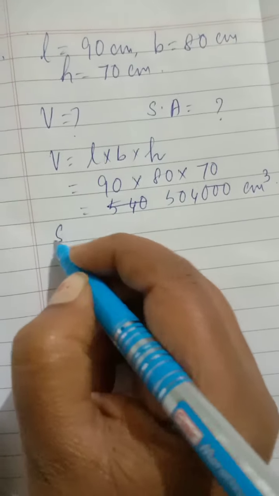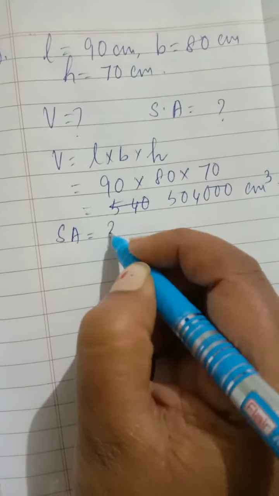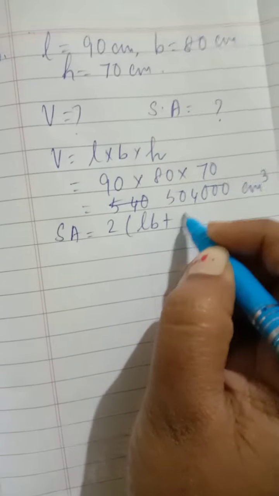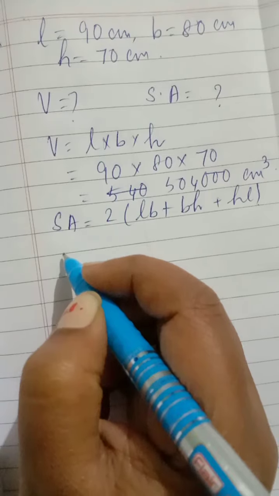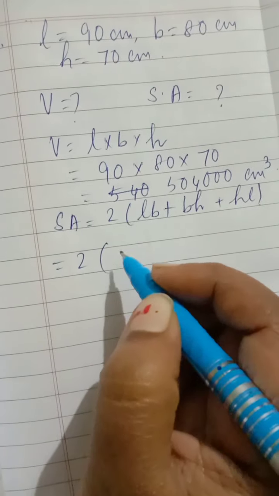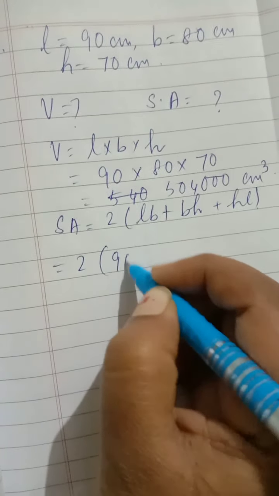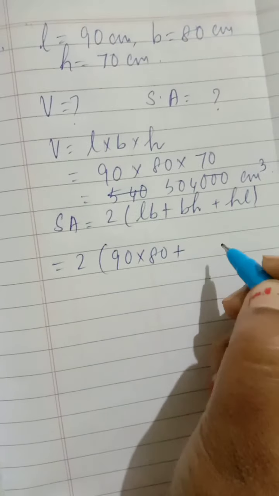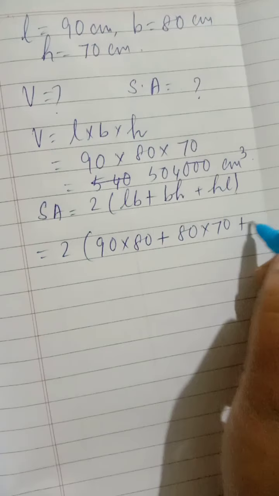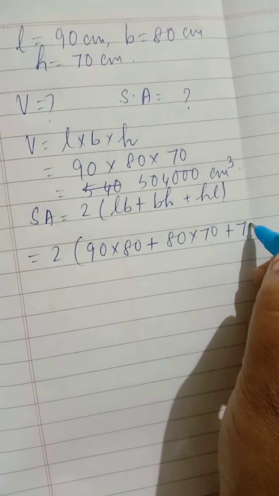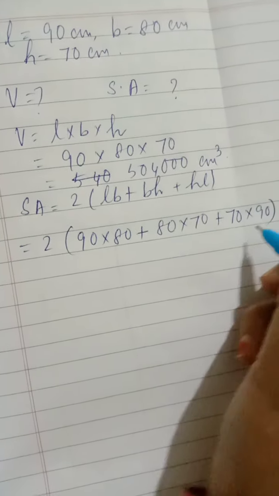Another is surface area. Surface area is equal to 2 into (LB plus BH plus HL). So it's 2 into (length into breadth, which is 90 into 80, plus breadth into height, which is 80 into 70, plus height into length, which is 70 into 90).